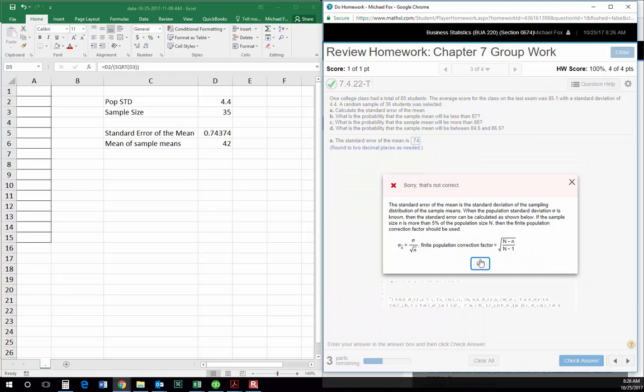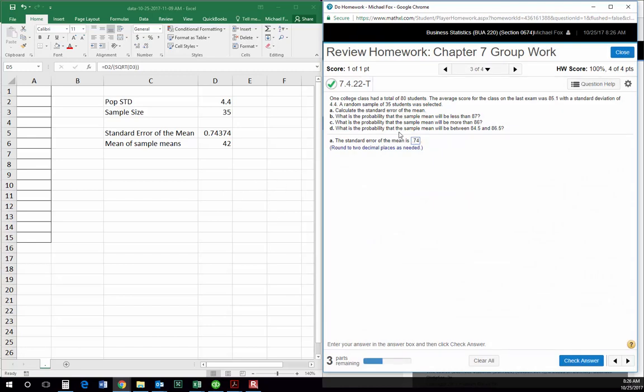Oh, look, I missed this one because I forgot. You remember we talked about the correction if we had a finite population, meaning if our population was small and our sample was at least 5% of the population. Here our sample is almost half. We're talking 40%. So I've got to do this finite population correction factor.